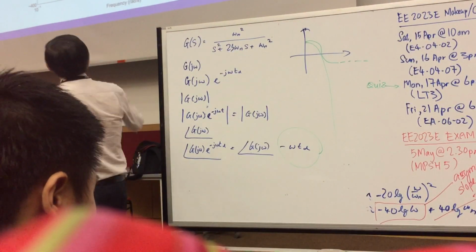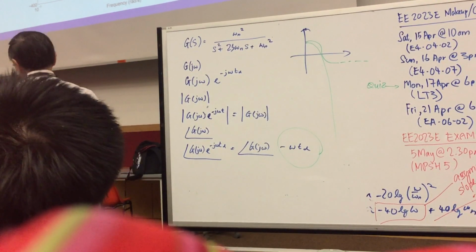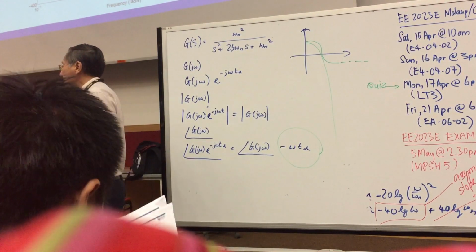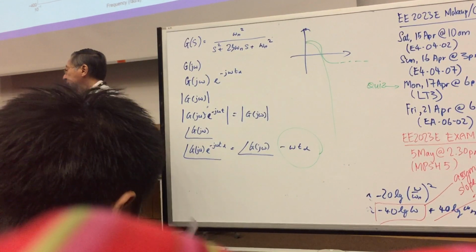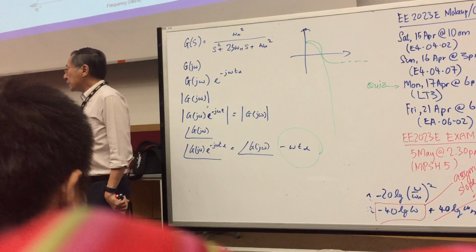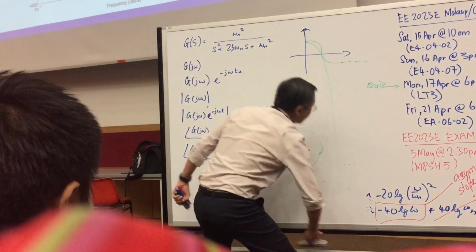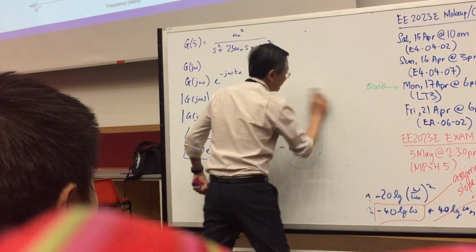So here's an example. Okay, we have a first order system, very simple, 1 over 1 plus j omega, but it has this e term and this is delay. Alright, so what I'm plotting here are the two parts.